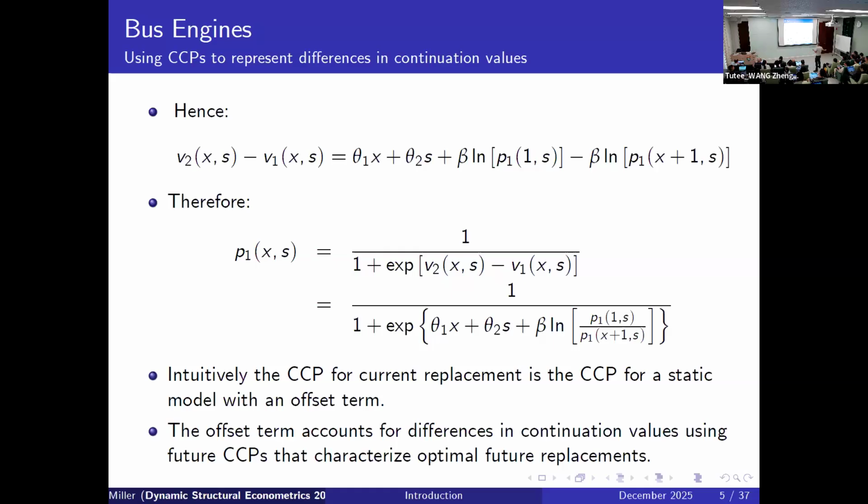So that's the sense in which these conditional value functions are similar to the current utility, but take into account the future through these conditional choice probabilities. It turns out to be a general result we'll talk about in a minute.